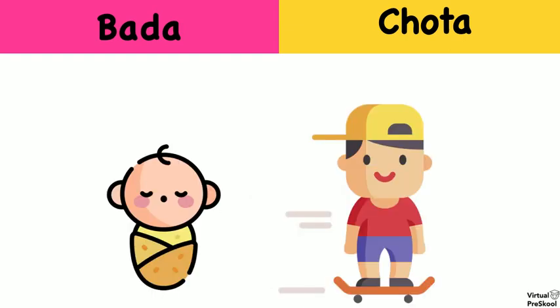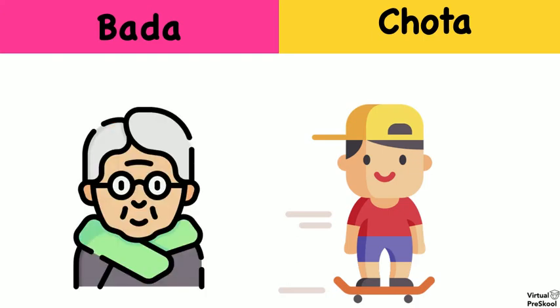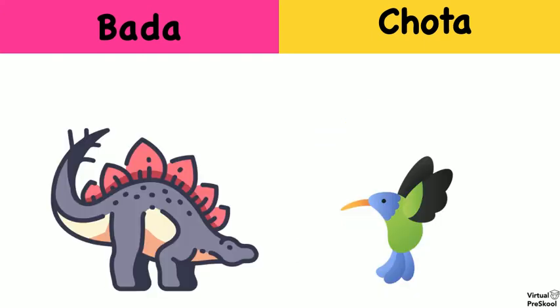Okay, now let's look at the little boy and the baby. So baby chota hai, ladka bada hai. And here, nani badi hai, ladka chota hai. Dinosaur bada hai, चिड़िया choti hai.